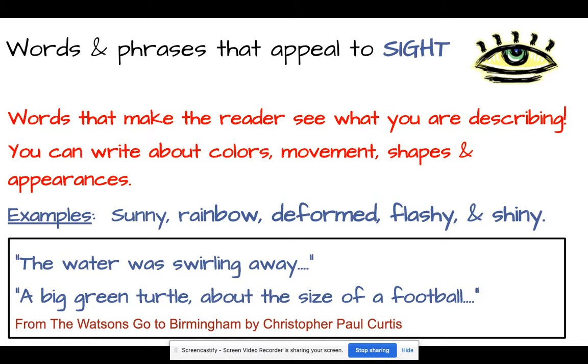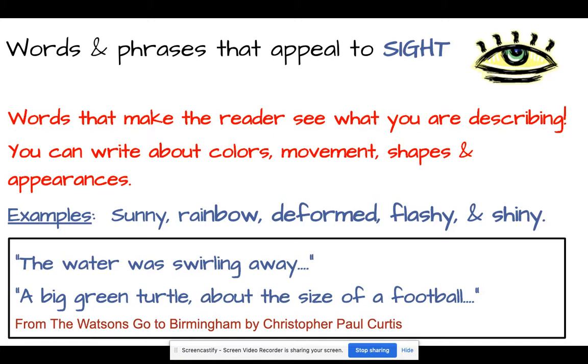So, you could write about colors, sizes, movement, shapes, and appearances. Words such as sunny, rainbow, deformed, flashy, and shiny could be considered sensory words that appeal to your sense of sight. From one of my favorite books, The Watsons Go to Birmingham by Christopher Paul Curtis, I stole these examples.